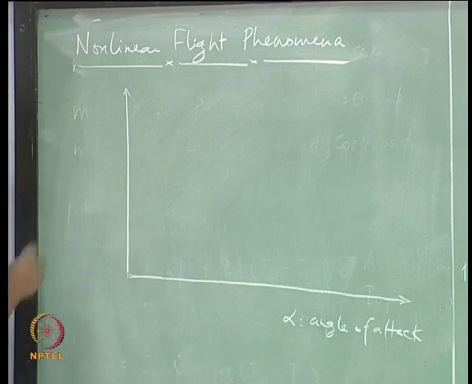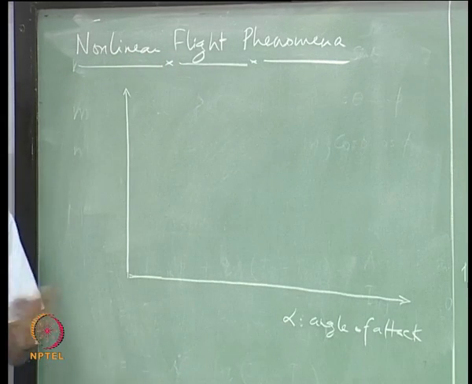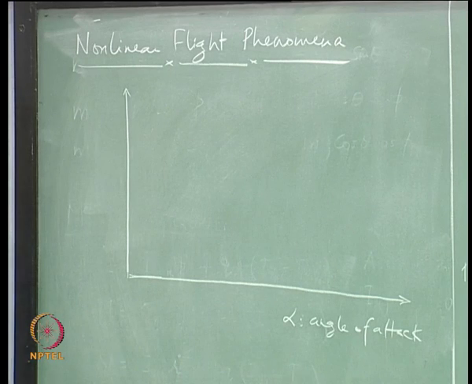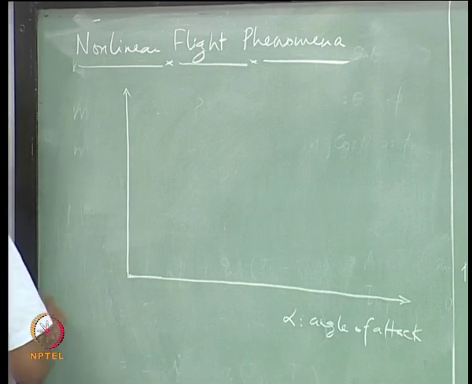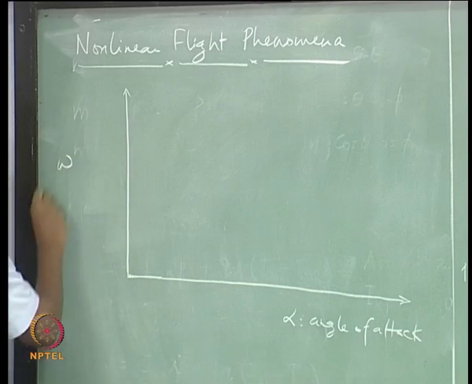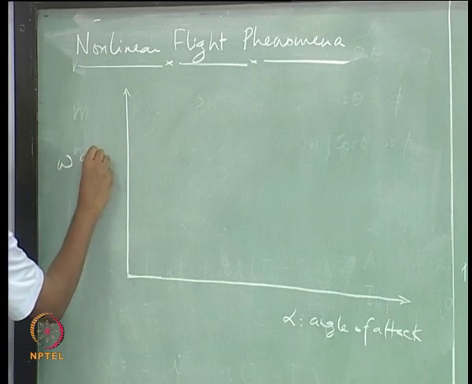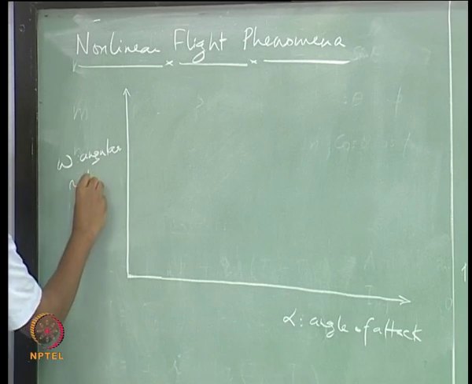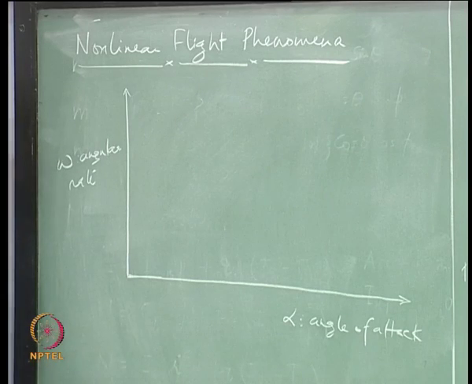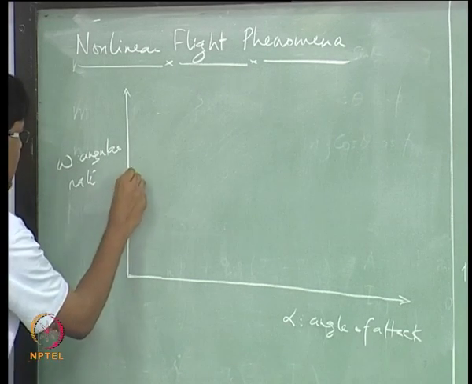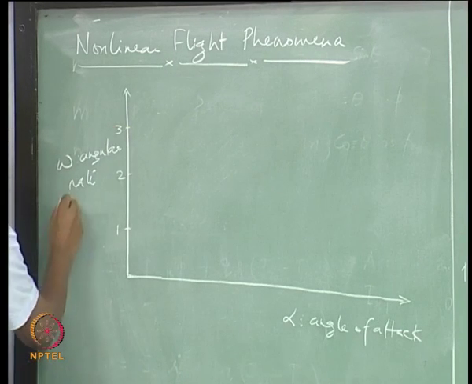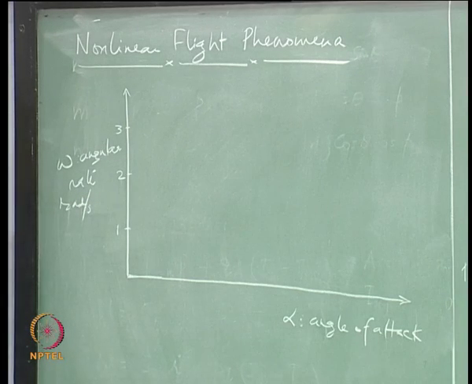So, I am trying to list down all nonlinear flight phenomena and also the normal flight phenomena on this plot, which is a plot on this omega and alpha axis. This omega is absolute omega, okay.